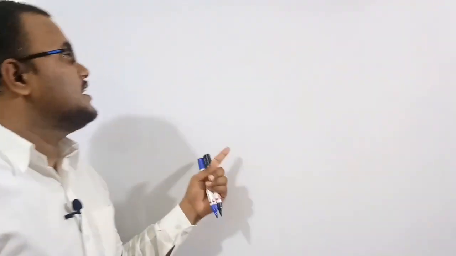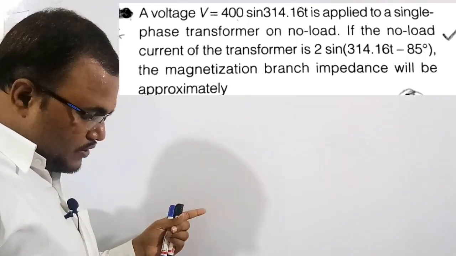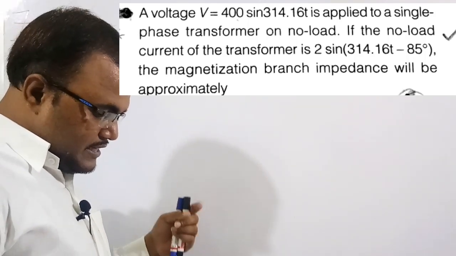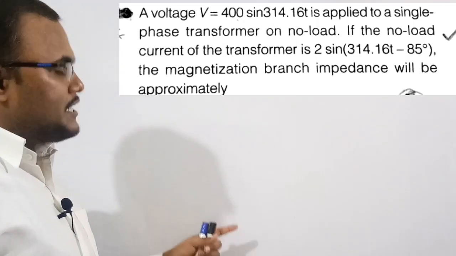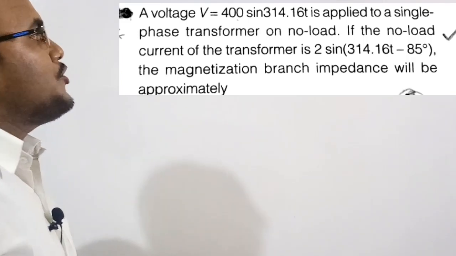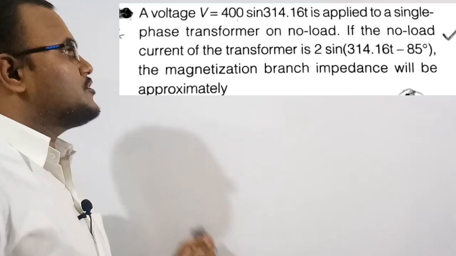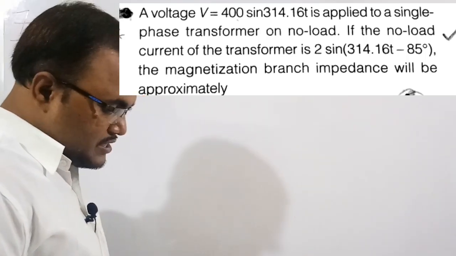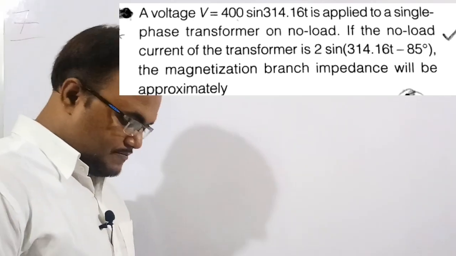See the question here. The question says that a voltage V = 400 sin 314.16 t is applied to a single phase transformer on no load. So at no load condition of a transformer, we are going to give a supply voltage V = 400 sin 314.16 t.